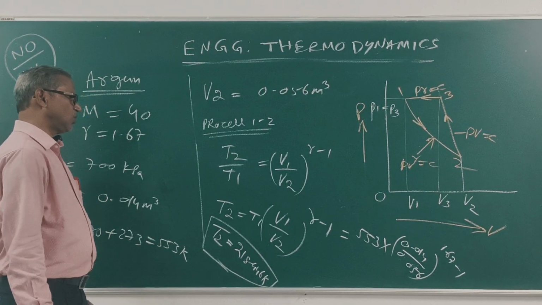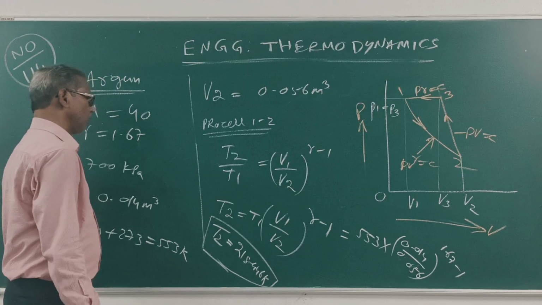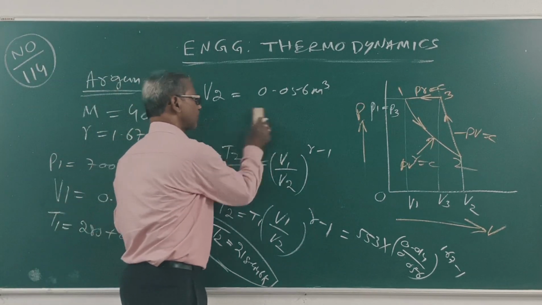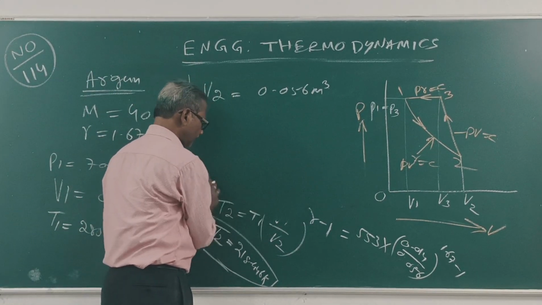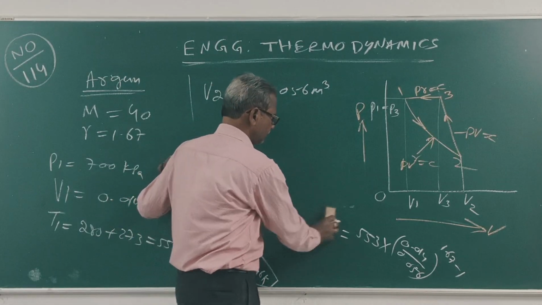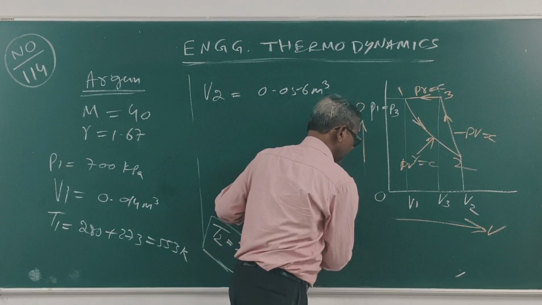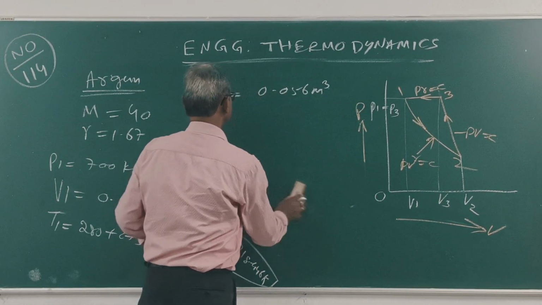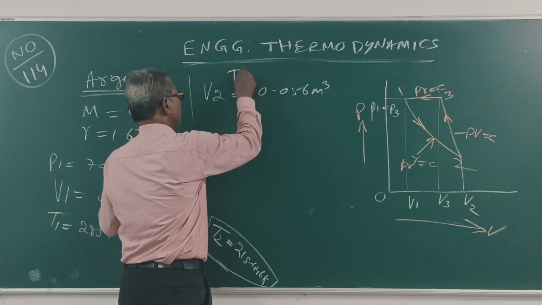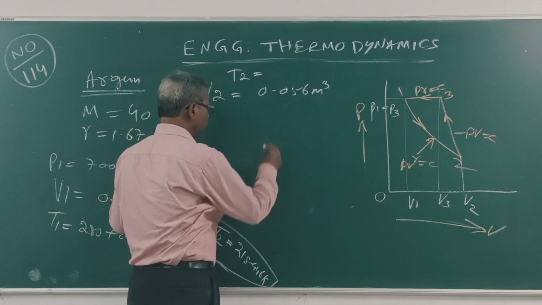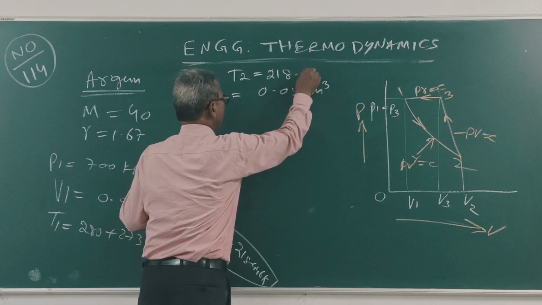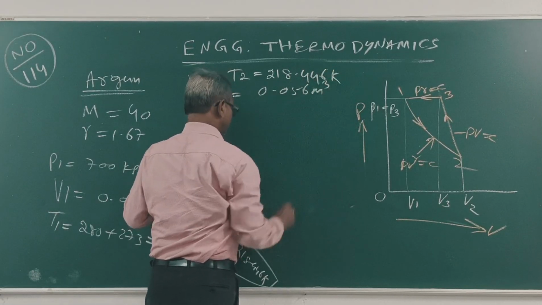Now we'll find out P2. T2 is equal to 218.446 Kelvin.